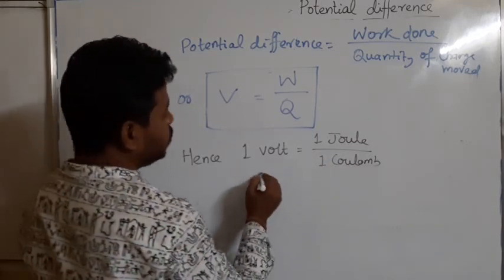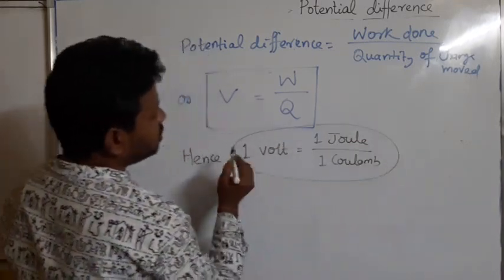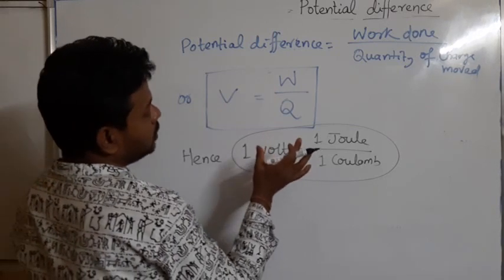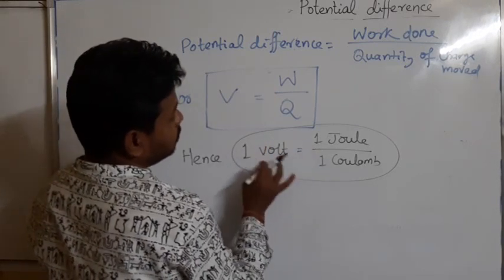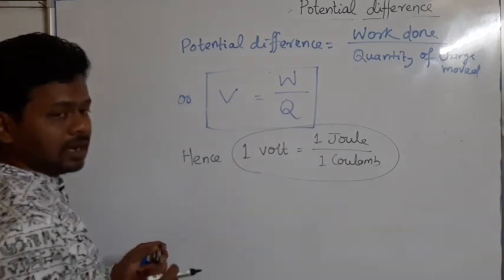And if you want to define 1 volt, then you have to write one sentence using this formula.